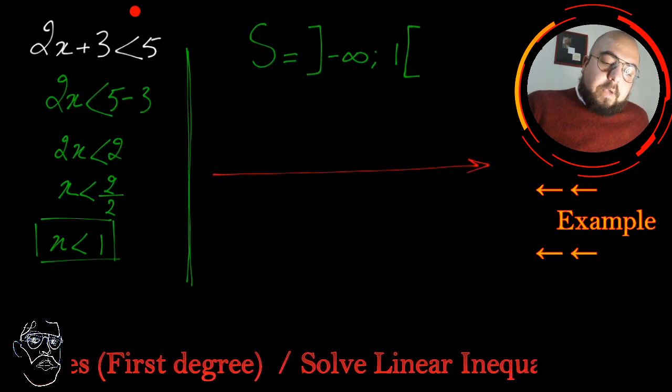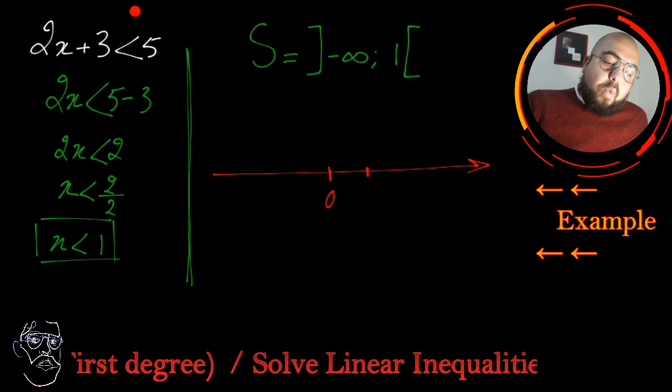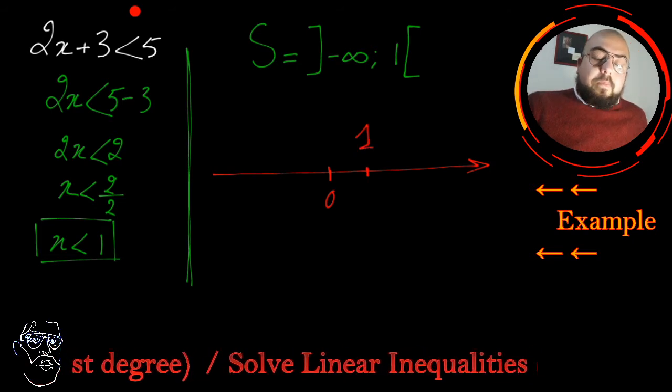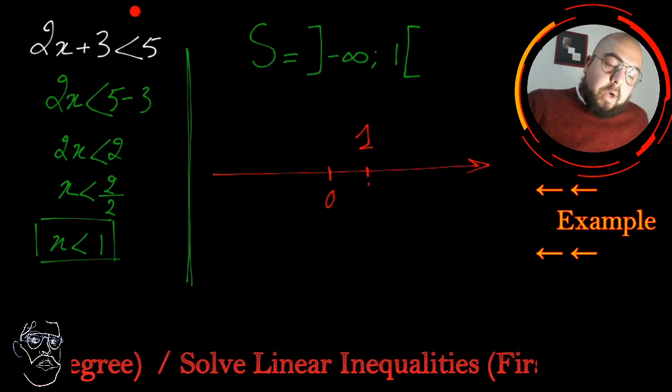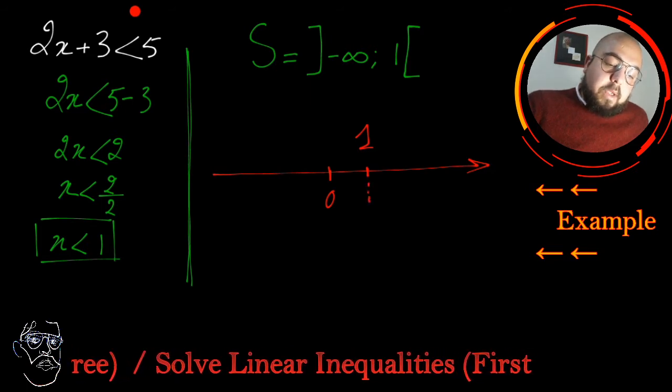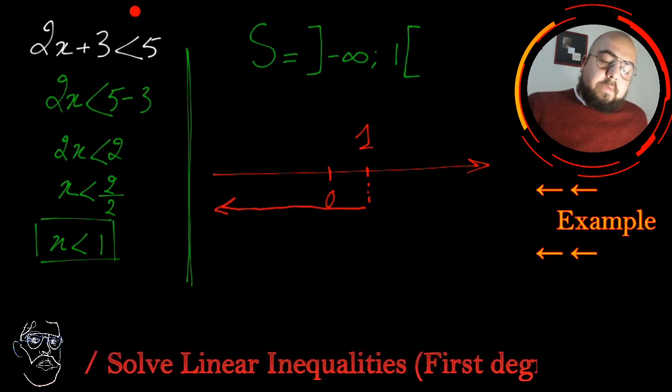This is your axis of abscissa, your origin O. This is the value 1. 1 is not included, so the solution goes from 1 until minus infinity.